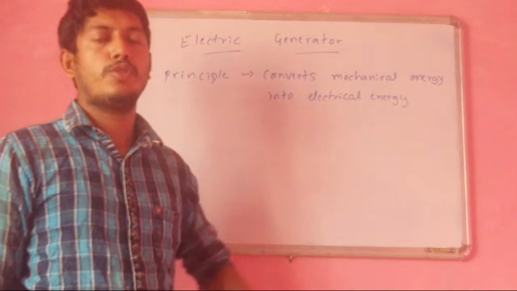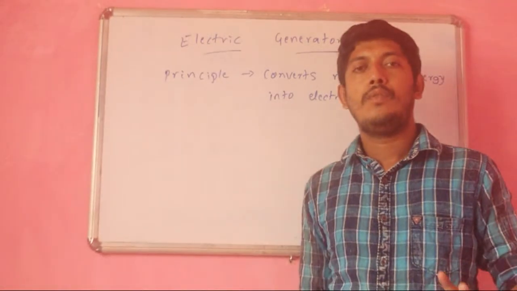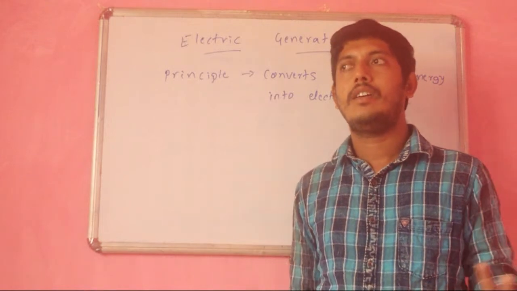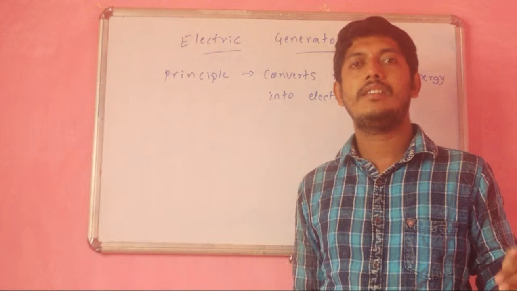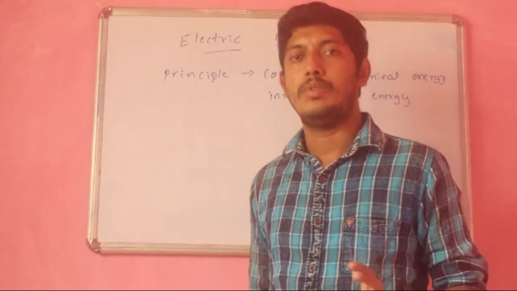So by using mechanical rotation or mechanical motion, how to produce electrical energy we'll learn in this chapter. For example, old cycles contain a dynamo.